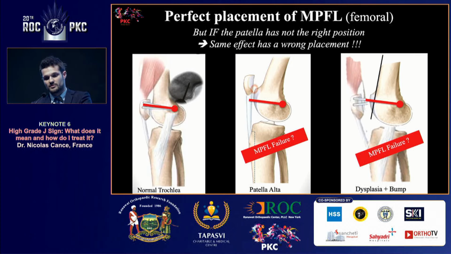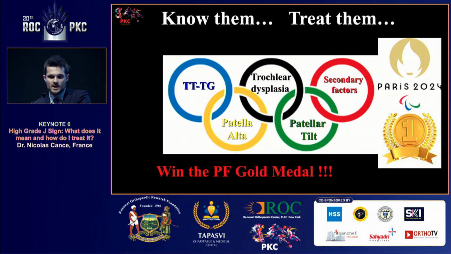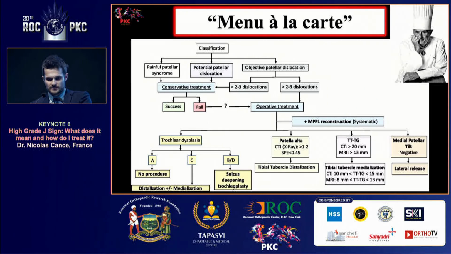It's the same if you have a wrong placement of your femoral point. So if you want to gain the patellofemoral gold medal in Paris next summer for the Olympic Games, you need to know every risk factor for patellar instability, and you need to treat them all so your patella will not dislocate.